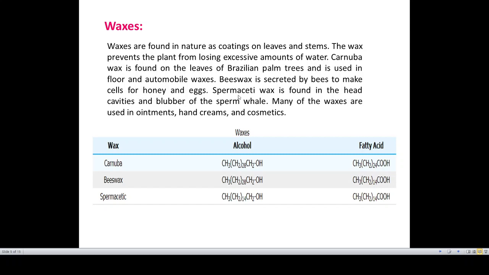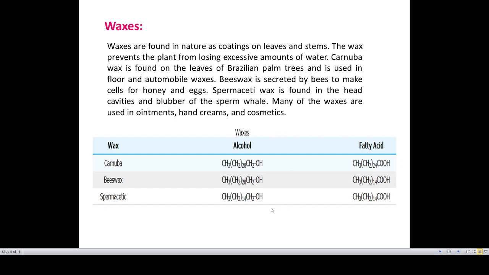The other example of wax is spermaceti wax, which is found in the head cavities and blubber of the sperm whale. And many of these waxes find an application in ointments, in hand creams, and a few cosmetics.